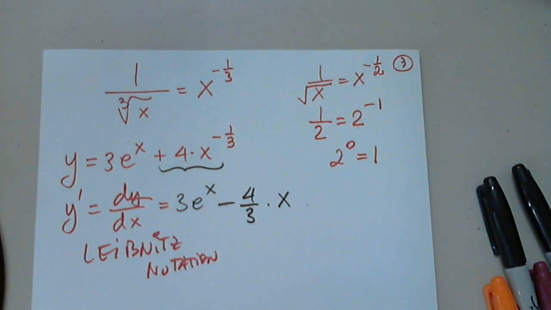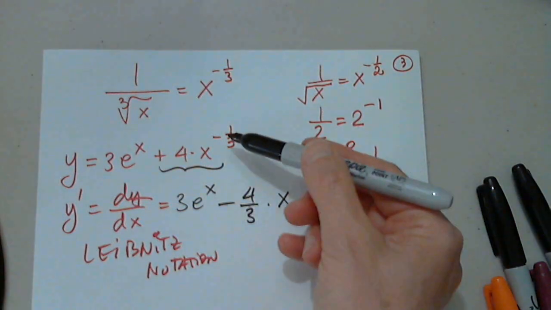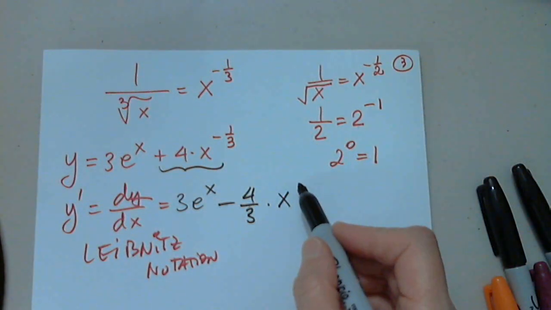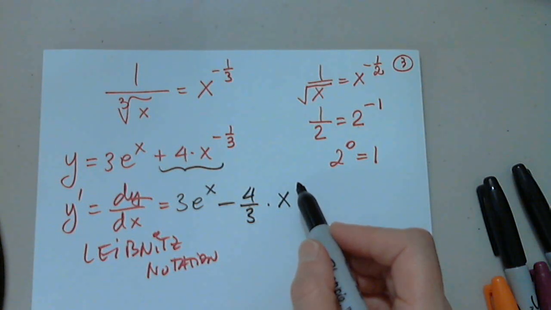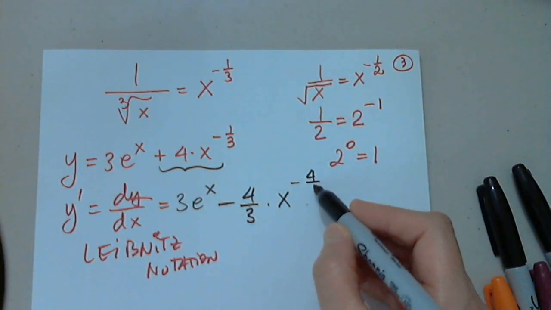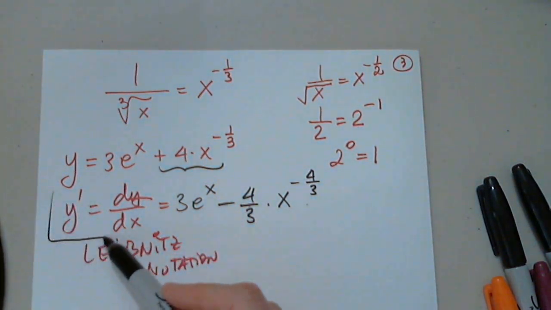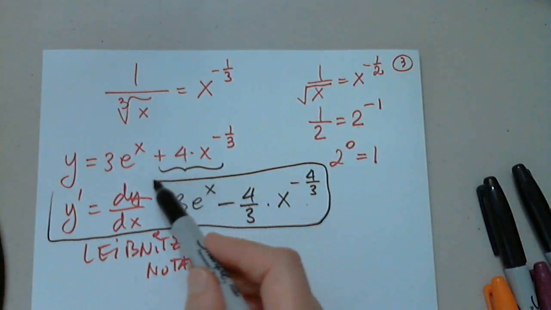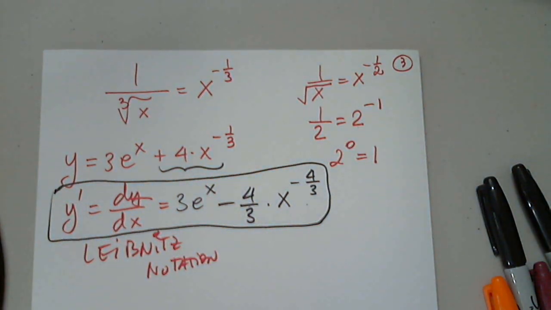We copy x and subtract 1 from -1/3. When we subtract 1 from -1/3, what do we get? -4/3. That's it. So this is the derivative of the given function. We don't need to do anything else.